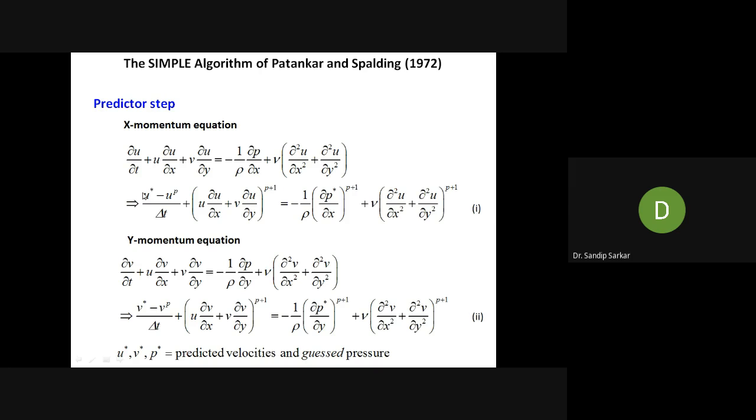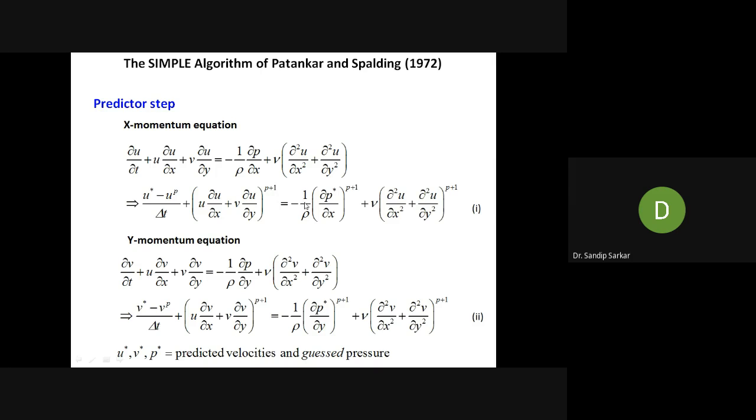So in the predictor step, I write del u by del t as (u star minus u^n) by delta t, plus the terms at the n plus 1 level, equal to minus 1 by rho del p star by del x, plus nu times (del 2u by del x2 plus del 2u by del y2), all at the n plus 1 level. We are taking a guess value of pressure, p star, initially chosen to be 0. These are all at n plus 1. This is the implicit method.